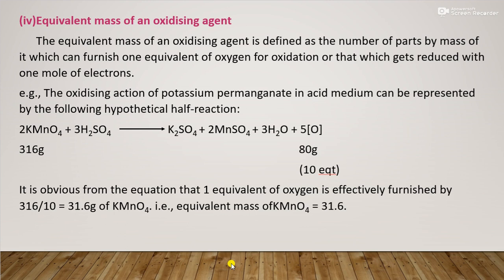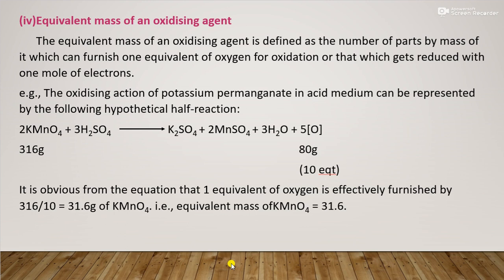It is obvious from the equation that one equivalent of oxygen is effectively furnished by 316 divided by 10, equal to 31.6 gram of KMnO4. This is because when we see this reaction, there are 10 equivalents of oxygen produced from 316 gram of KMnO4.